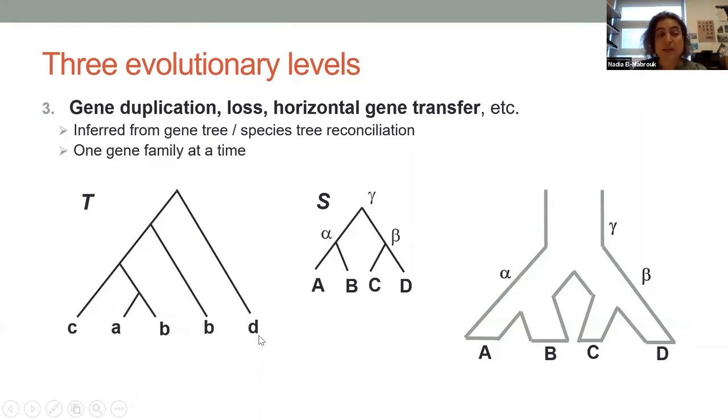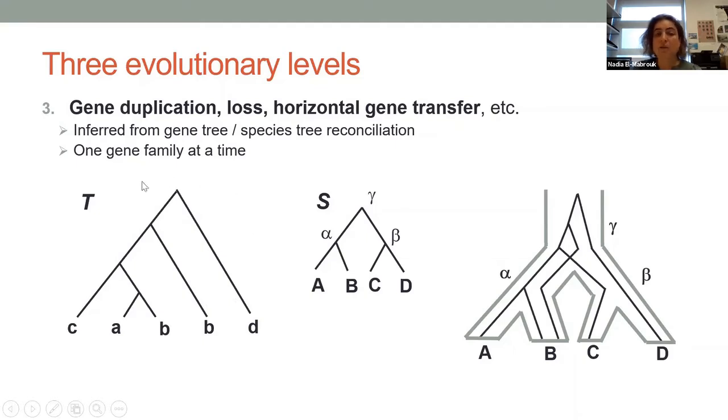To infer the evolution by gain and loss that has led to this gene tree, we use reconciliation. Reconciliation consists in embedding the gene tree in the species tree and explaining the difference between the two trees through duplications, losses, and also horizontal gene transfers. I will talk later about horizontal gene transfer.